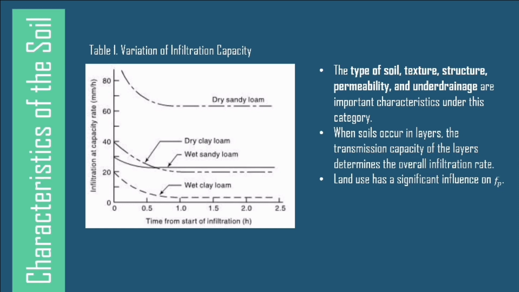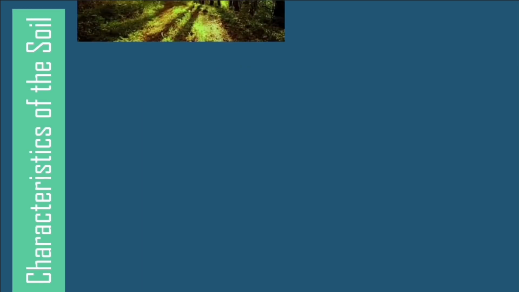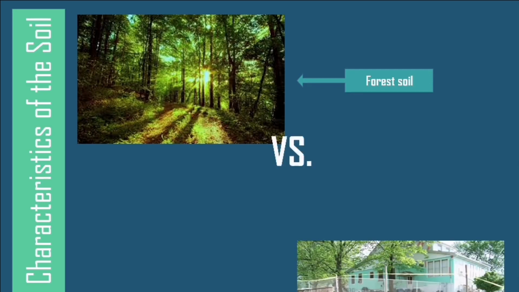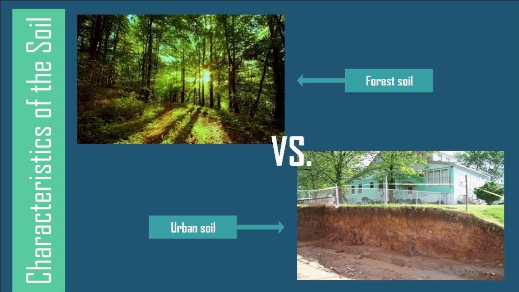We can observe the same characteristics naman sa ibang klase ng soils, pero yung dry sandy loam, kung makikita natin, ay mabilis mabawasan ng capacity kesa sa wet sandy loam. One example is a forest soil rich in organic matter will have a much higher value of infiltration capacity under identical conditions than the same soil in an urban area where it is subjected to compaction.